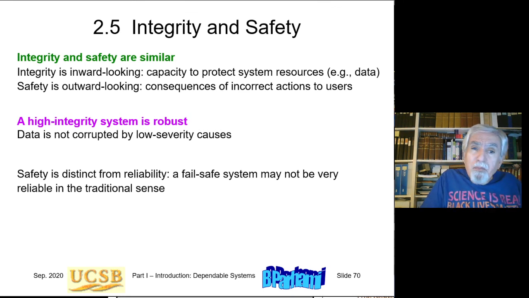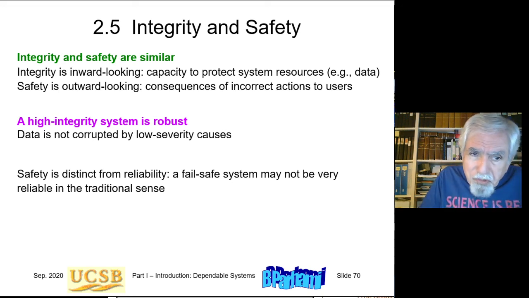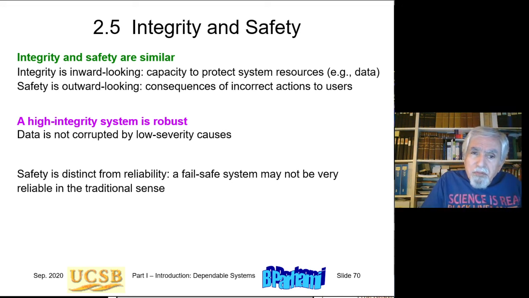Okay, we then have the notions of integrity and safety. They're similar. Integrity is inward looking, meaning it's the capacity to protect system resources, for example, data. Safety is outward looking because we deal with consequences of incorrect actions to users. This will become clear as I show you the next few slides.